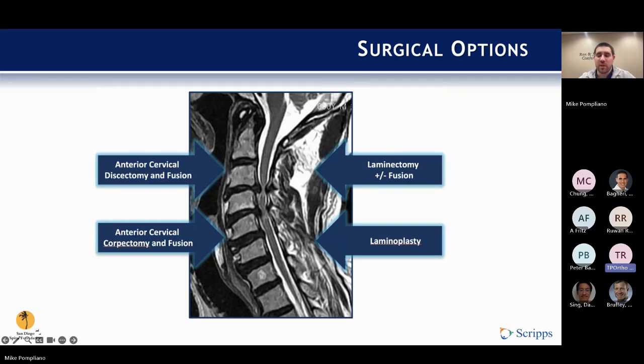Typically, fixed kyphosis of greater than 13 degrees has been associated with unfavorable outcomes, especially posteriorly, though this is somewhat controversial now. It depends again on the patient's specific pathology, as well as the K-line, which we'll go over next. The posterior approach is also typically associated with a higher rate of infection.